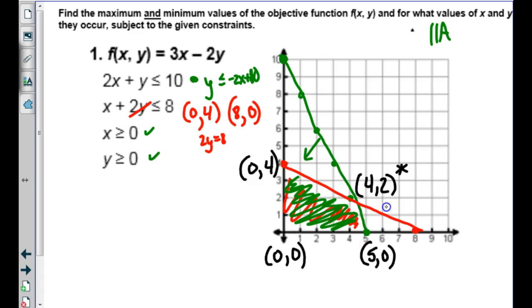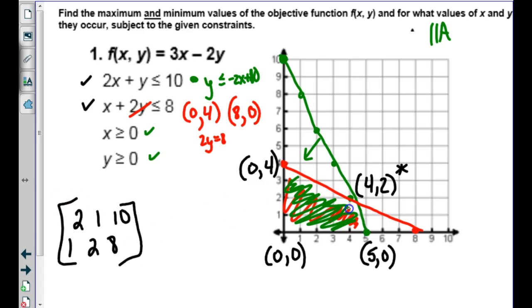So how do we check that 4, 2 is working? Yeah, we could plug it. It should work in both of these. Or we could have typed in our calculator this and done RREF to see if it came out 4, 2. Or we could have done a little substitution or elimination, any of those.